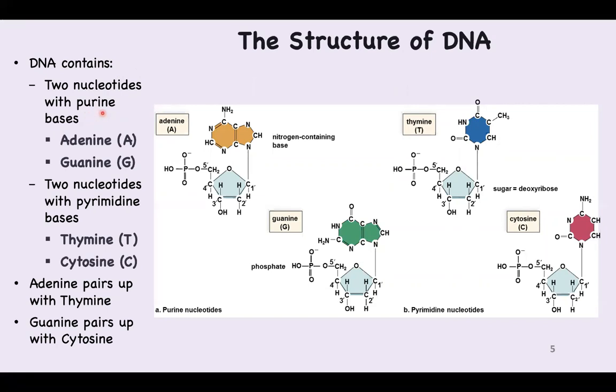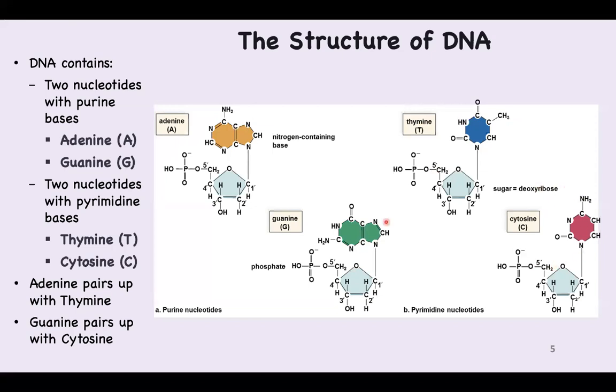The 2 purine bases are adenine and guanine, which have a double ring. Okay, purine, for example adenine and guanine. The other 2 nucleotides are pyrimidine bases. Pyrimidine base means it has a single ring only. The single ring ones are thymine and also cytosine.